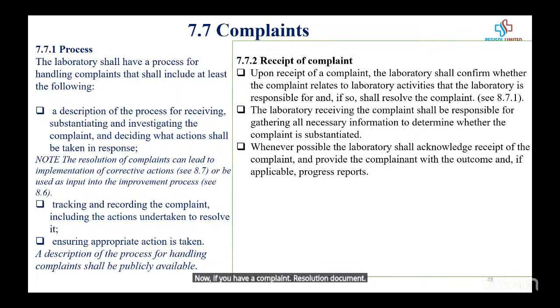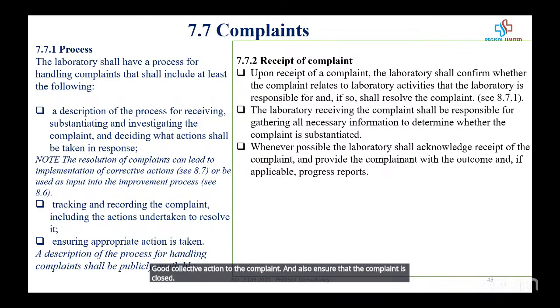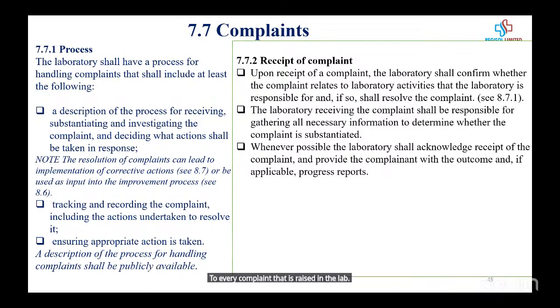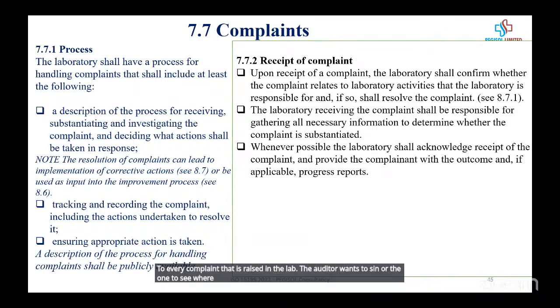Take record of the complaint, address the complaint, put corrective action to the complaint, and also ensure that the complaint is closed. So for every complaint raised in the lab, the auditor wants to see where the complaint has been managed, the information analyzed, and that the complaint has been closed.